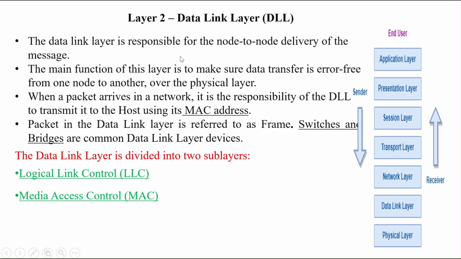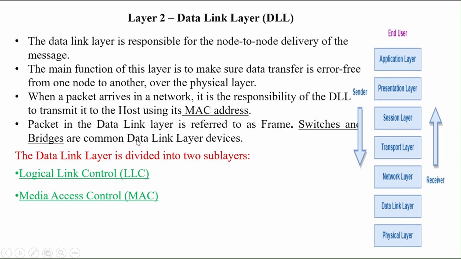The data link layer is responsible for node-to-node delivery of the message. The main function of this layer is to make sure data transfer is error free from one node to another over the physical layer. When a packet arrives in a network, it is the responsibility of the DLL to transmit it to the host using its MAC address.